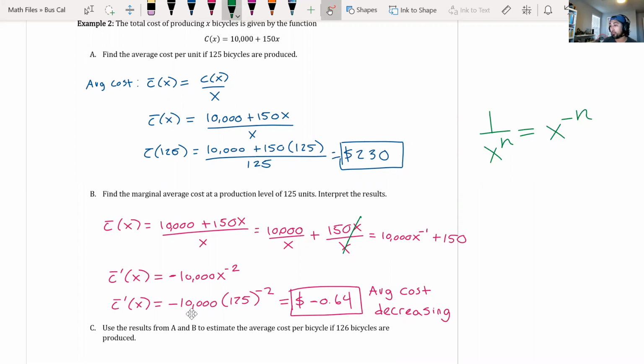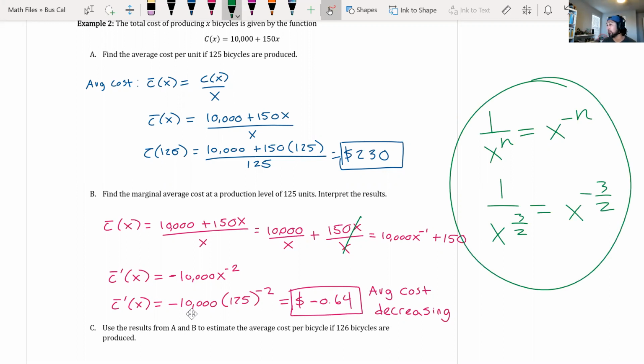And when we have a fraction in there, we still minus it by 1, correct? Oh, what do you mean fraction? Like as the power. Say if it was 1 over x to the 3/2, then that would be x to the -3/2. But remember, this is algebra, nothing to do with calculus. All we're doing is rewriting it.